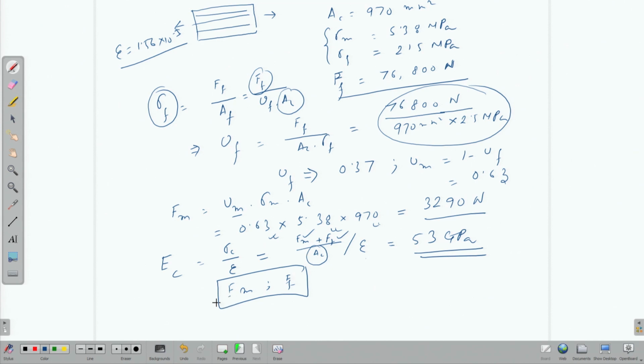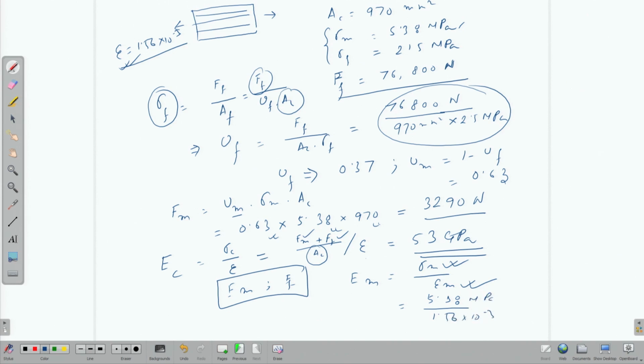How do you get the value of E m? E m is equal to sigma m over epsilon m, okay. And epsilon m is known, it is nothing but this epsilon, and sigma m is also known. So sigma m is how much? 5.38 MPa, okay, and epsilon m is given as 1.56 multiplied by 10 to the power minus 3.